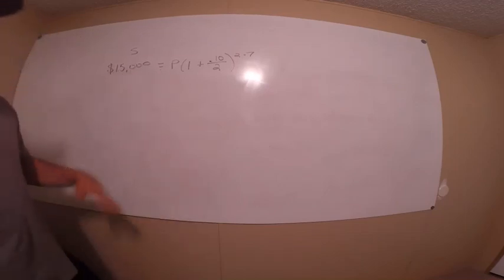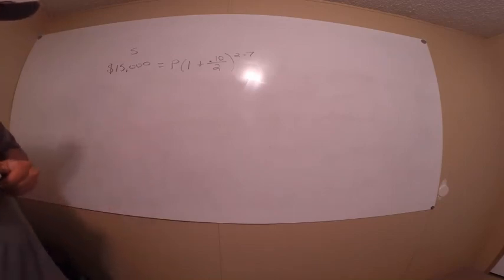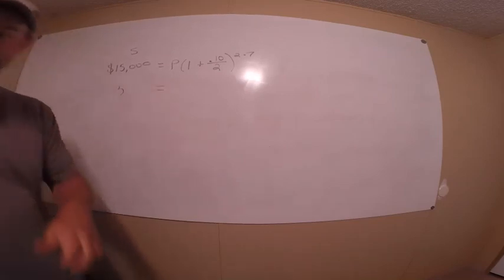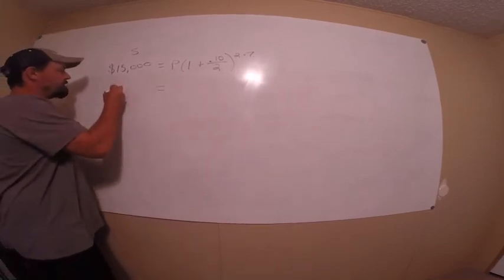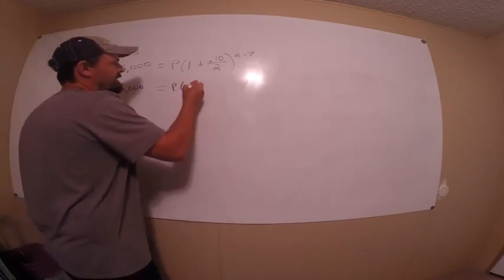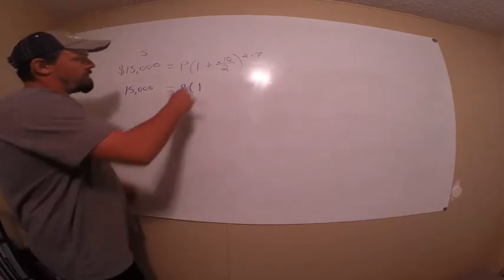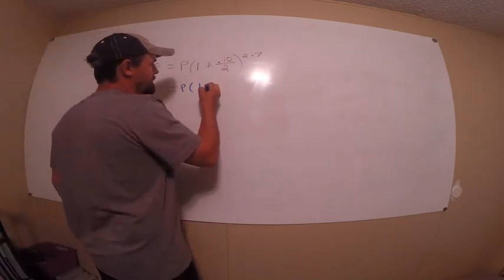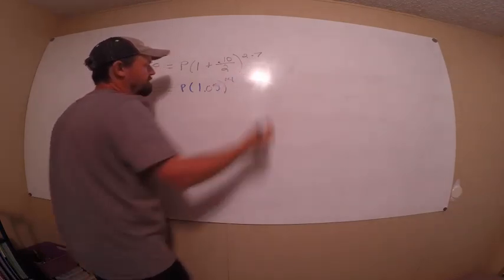The good thing is we can use a calculator. I don't have to do this all by hand. This one's actually really not that bad, so we'll do a few steps by hand. Let me get a marker that works a little better. Let's try this blue one. So we've got 15,000. 0.10 divided by 2 is actually 0.05, so what I get is 1.05 here. 2 times 7 is 14.